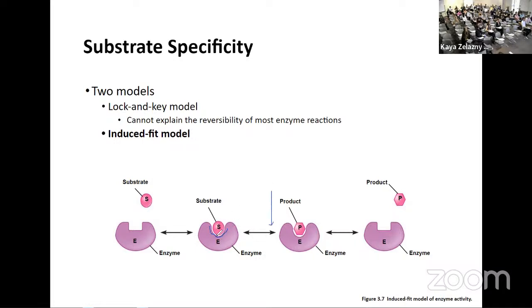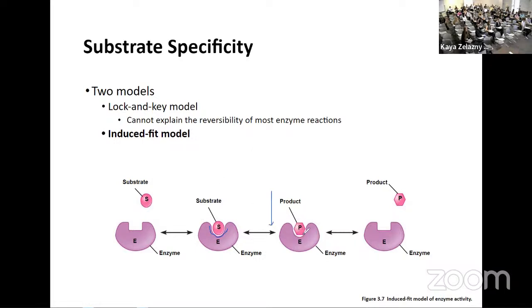By holding that substrate in place, that fixes it so that when one of the other reactants comes up to that enzyme as well, we're holding things in fixed places. We can either stretch bonds or push them closer together to make it easier for those bonds to form. So this is where the reaction would happen.